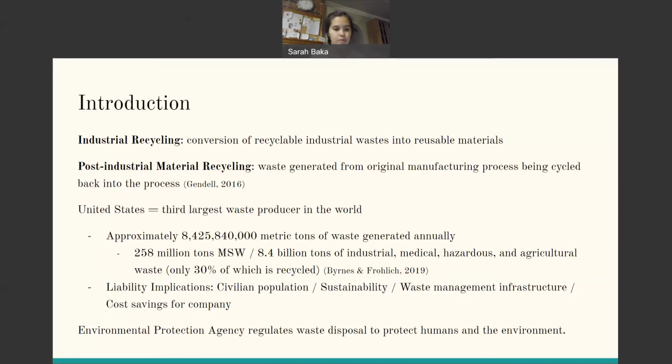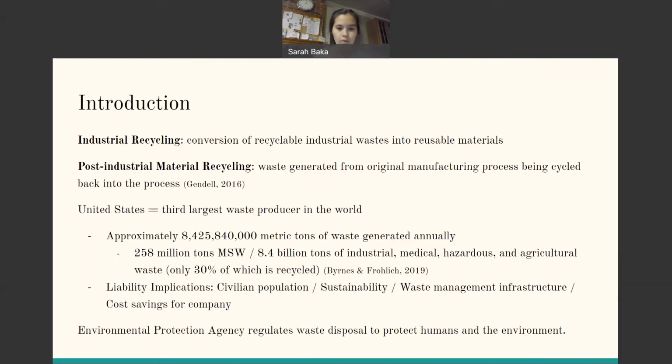Overall, the country produces over 8.4 billion metric tons of waste annually, but only 258 million tons of this comes from consumers and everyday solid waste produced by households. The other 8.4 billion is produced by the industrial sector, medical, and agricultural industries.